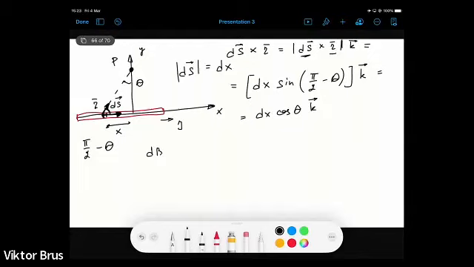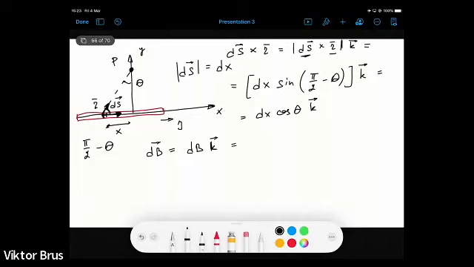So dB vector, as was shown previously. We can write dB, the magnitude of this vector, times the k unit vector, since we already know the orientation of the magnetic field from the product of the ds vector and the r unit vector.